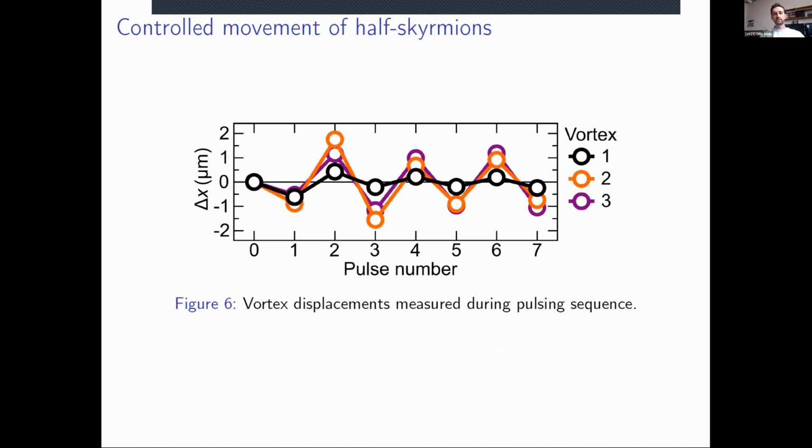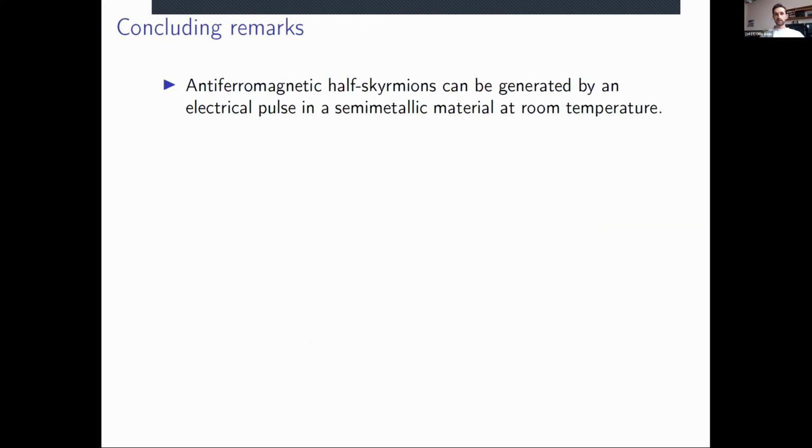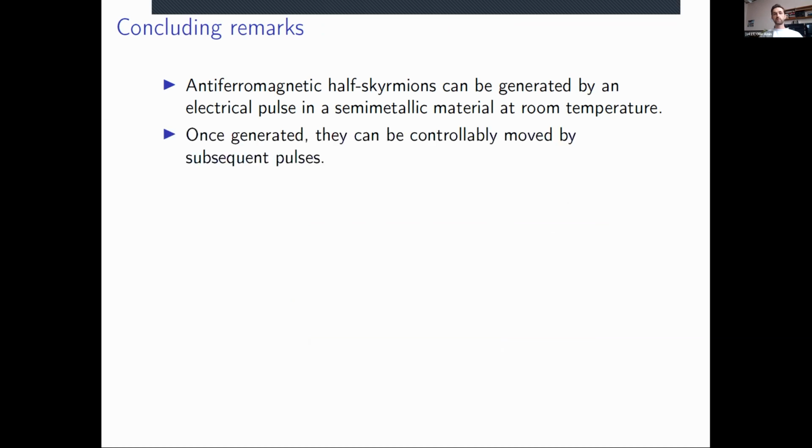So we were quite convinced by these results that not only have we generated these antiferromagnetic half-skyrmions using a single 1 millisecond wide electrical pulse with moderate current density, and this is all done at room temperature, but then subsequent pulses were able to controllably move those generated half-skyrmions up and down the length of the 180-degree domain wall on which they're localized.